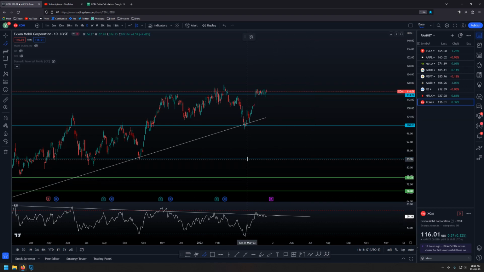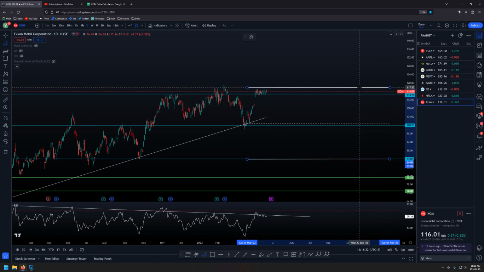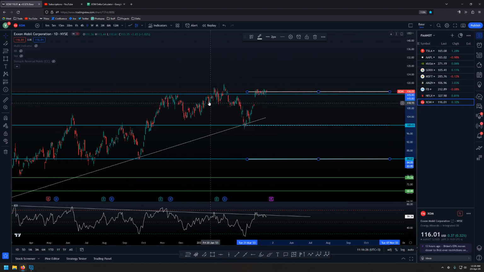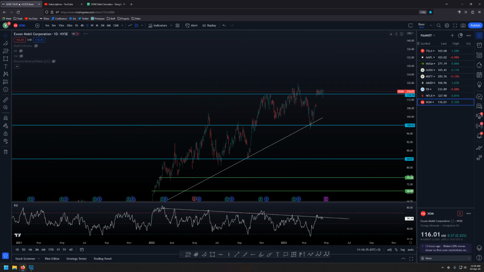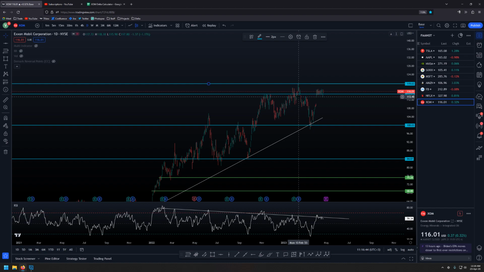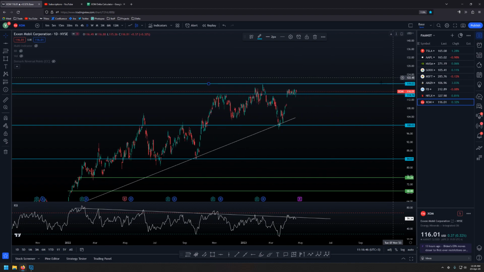See how accurate it is on the midpoint. Pretty accurate, but I still like it where it is. 120 would be here. So let's put it at the top we had in February. I think that's the cap.